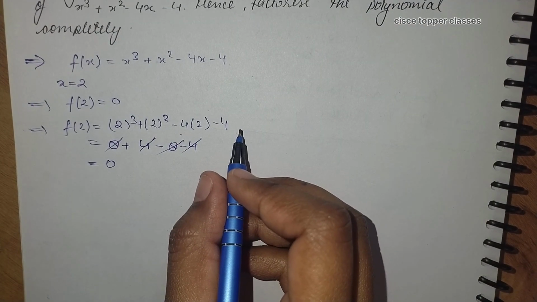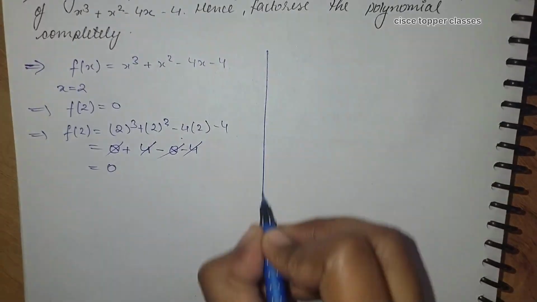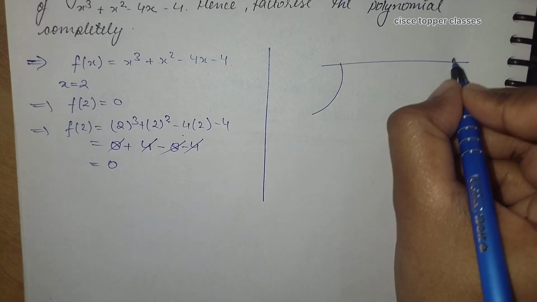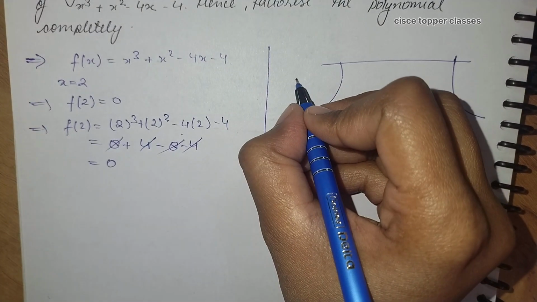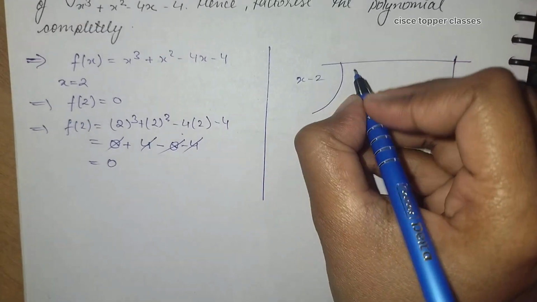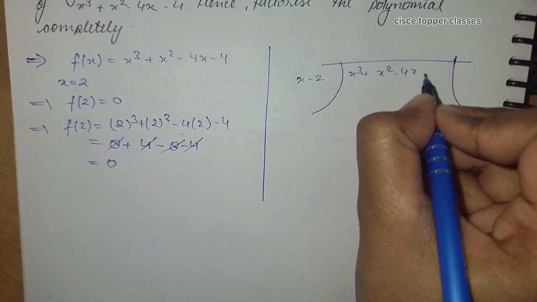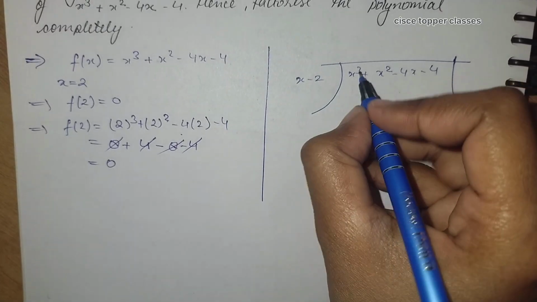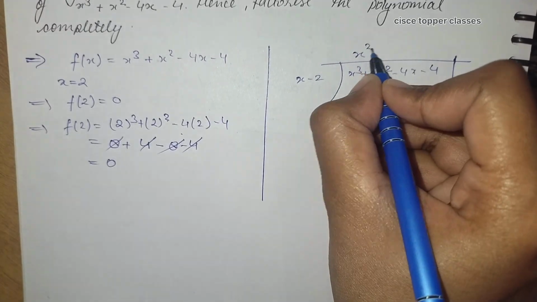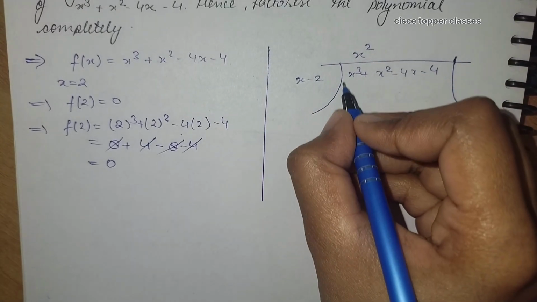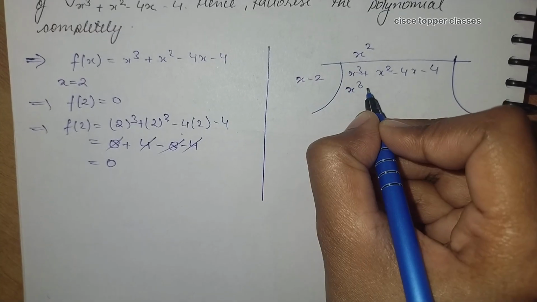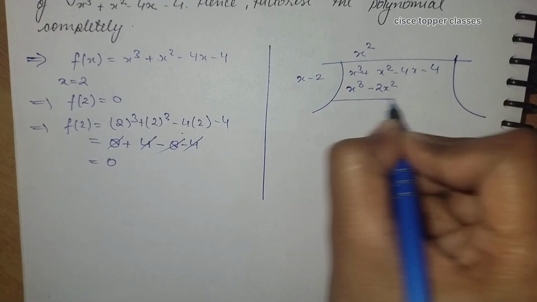And then we have to factorize the polynomial completely. Factorizing the polynomial here, we will get x minus 2 and x cube plus x square minus 4x minus 4. So we will multiply with x square first of all. So this will become x cube, then minus 2x square.